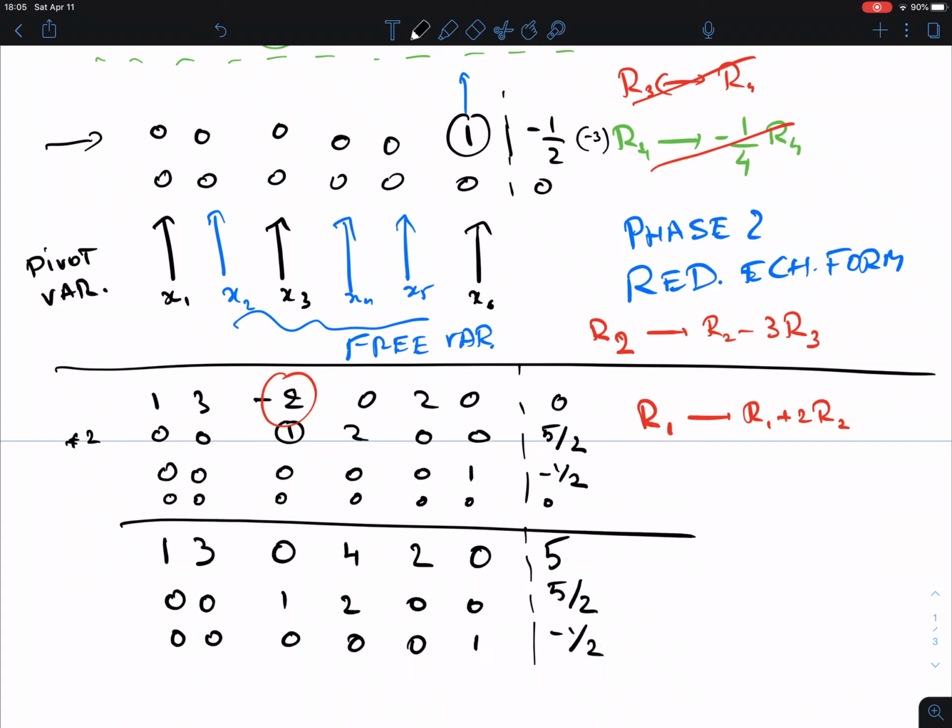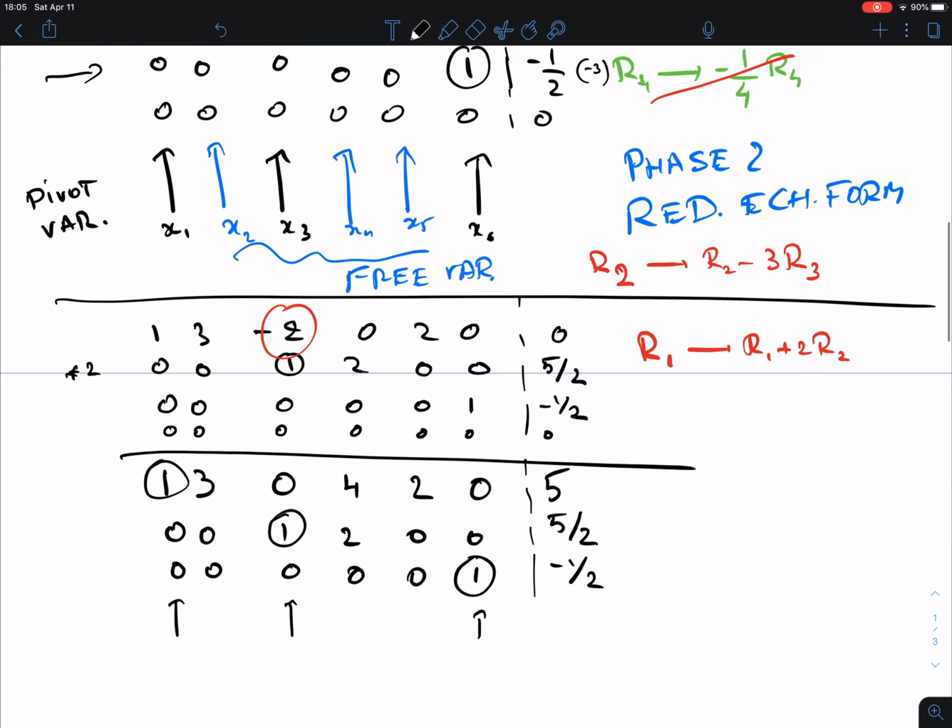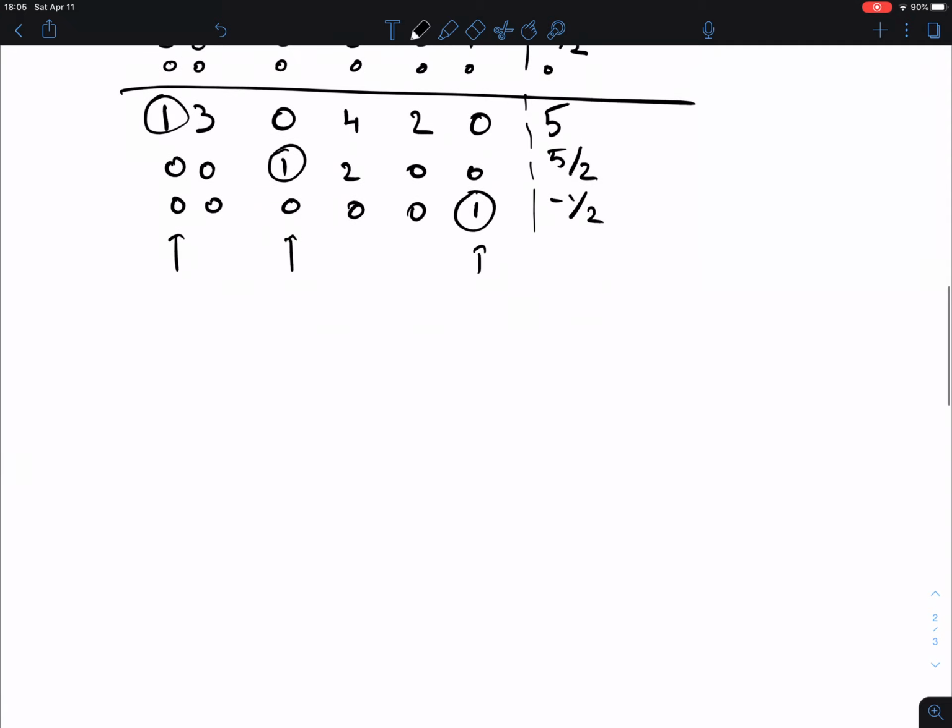And now I truly have an echelon form, and these are my pivots. And so you remember, these pivots should now really be only ones and the rest is zeros, okay? And as before, we have now the free variables. So what was the meaning of all this? How do we interpret this? This means, remember, these are the coefficients of the x's, right?